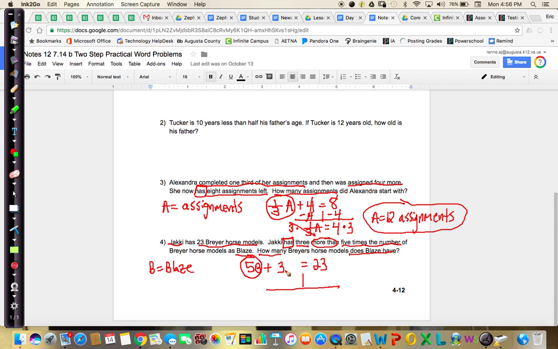The inverse or opposite of adding 3 is subtracting 3. 3 minus 3 is 0, and 5b will equal 20. The opposite of multiplication is division. So we would divide both sides by 5. 5 divided by 5 is a 1 in disguise. So I'm going to write my answer over, well, I can squeeze my answer in over here. So B equals 4 horse models.